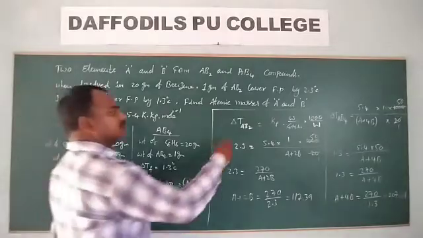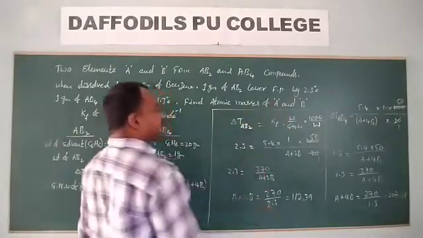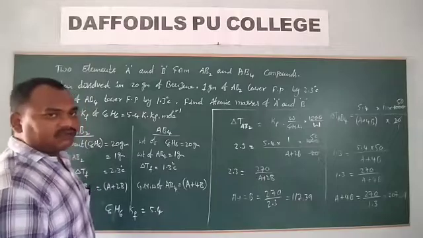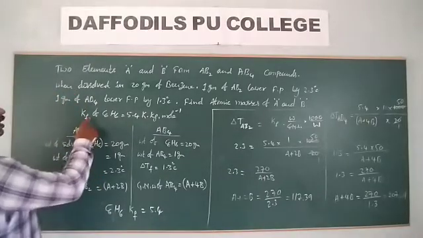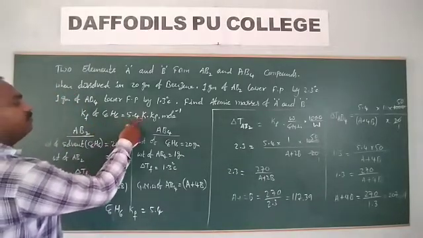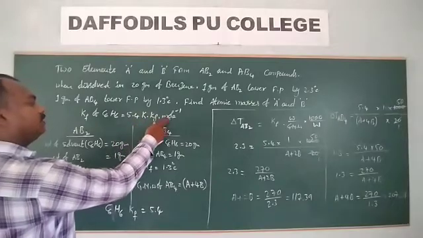Find the atomic masses of A and B. Kf for benzene is 5.4 K kg mol⁻¹.